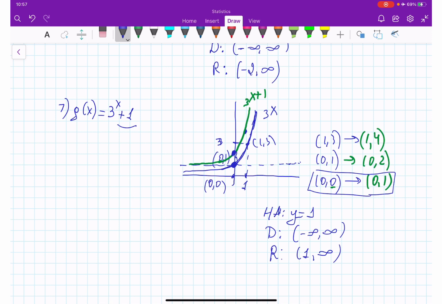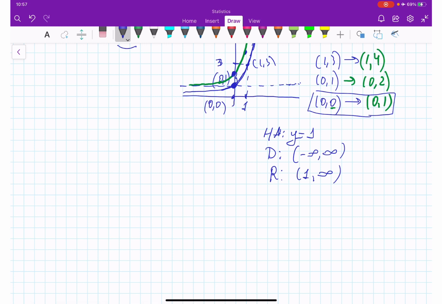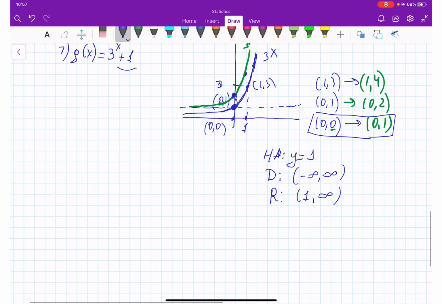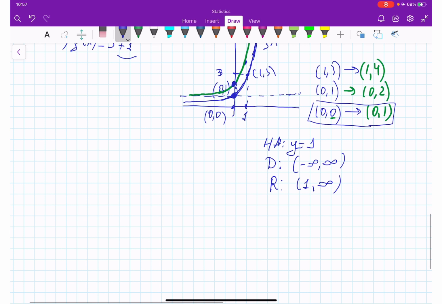Question number 8. Now, this one I'm going to do a full combination of shifting horizontally and shifting vertically. Let's do it. And we're going to build right away, and I will show you how to do it without drawing this 3 to the power x.